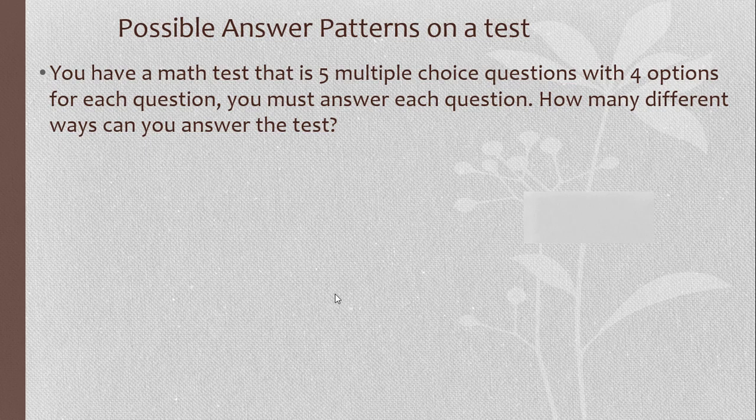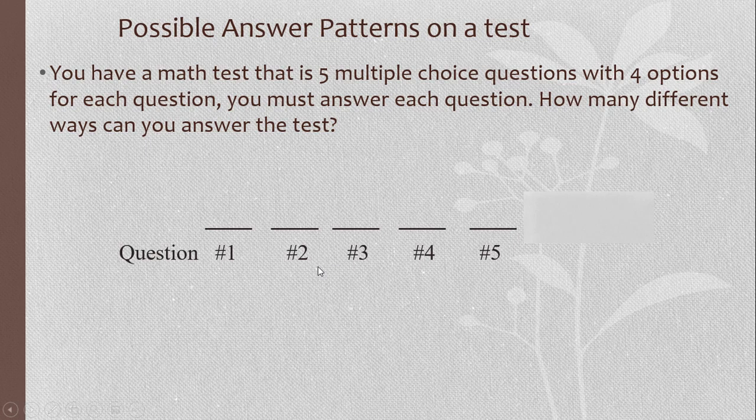All right, possible answer patterns on a test. You have a math test that has 5 multiple choice questions with 4 options for each question. You must answer each question. How many different ways can you answer the test? So if you have no clue and you just want to guess on each answer, how many different possibilities are there? Well, there's 5 different questions, and there's 4 options for each question.